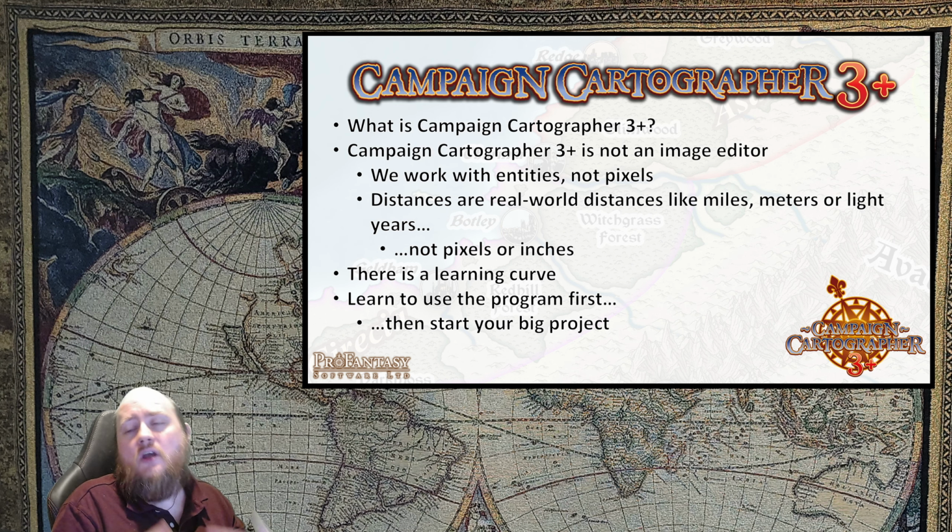You're going to use much more time trying to figure out things, and you often work yourself into the wrong parts and figure out that this didn't really work out because things didn't work as you thought it would. The best way to start with Campaign Cartographer is to sit down and work through the tutorials in the manual, or if you follow a video series like this, follow along, do the map making yourself.